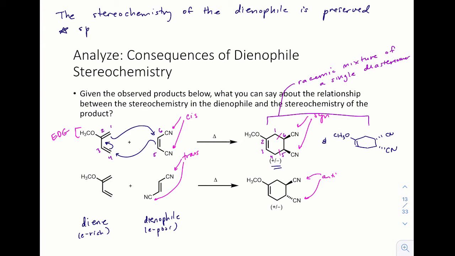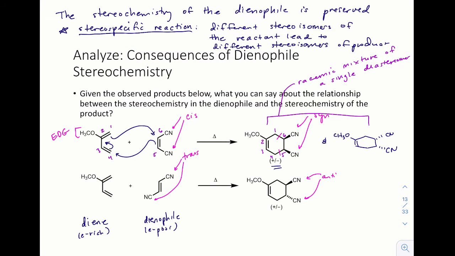This is an example of what is called a stereospecific reaction. Different stereoisomers of the reactant lead to different stereoisomers of the product. The fact that a racemic mixture of the Diels-Alder adduct is made just comes from attack to the top and bottom face of the diene.